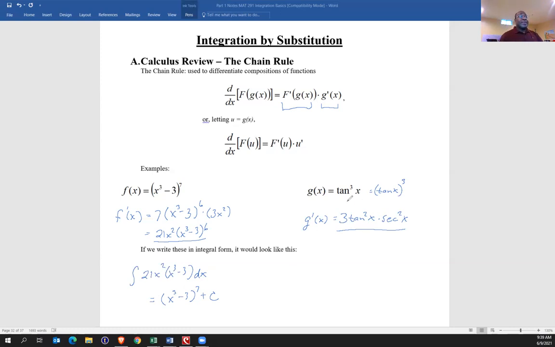Likewise, with the second example, we take the integral of 3 times tangent squared x times secant squared x dx. This would be equal to tangent cubed of x plus c.